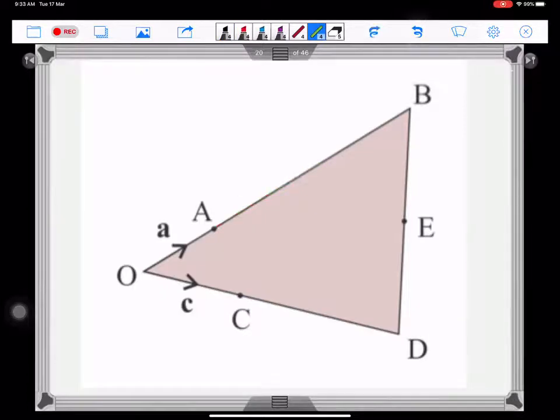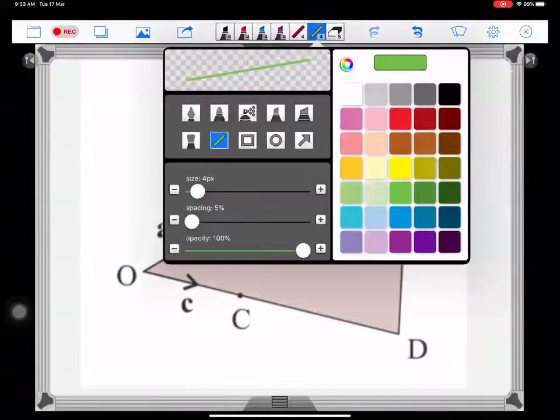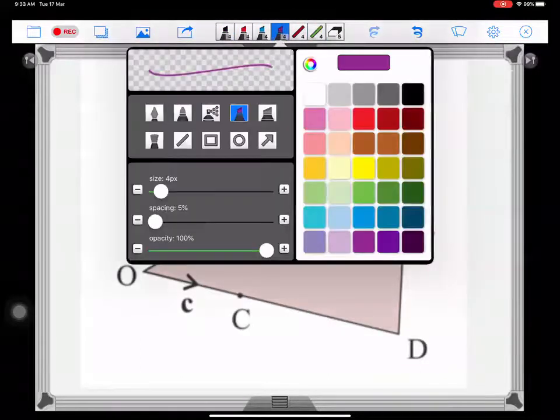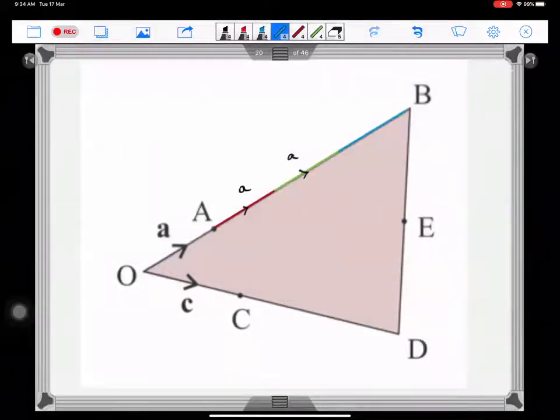Let me just make it a bit bigger. This is A, this is another A, and let me add one more A. So there are 4 A's along this line.